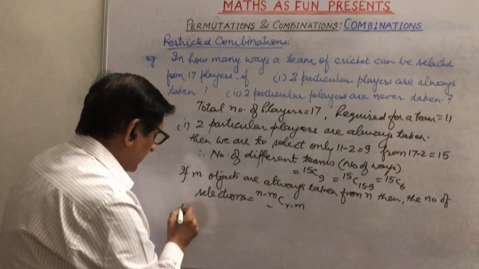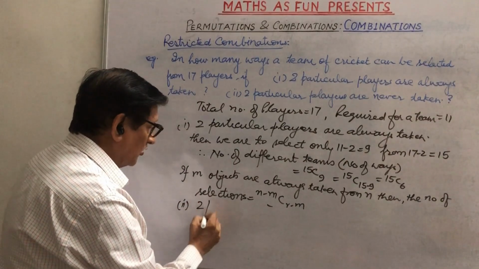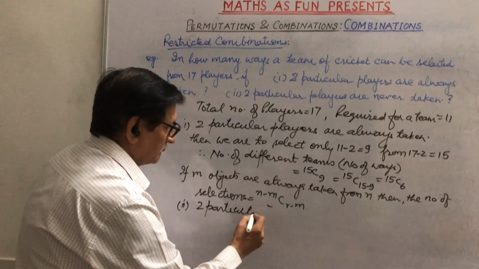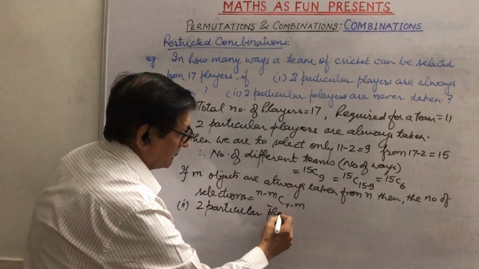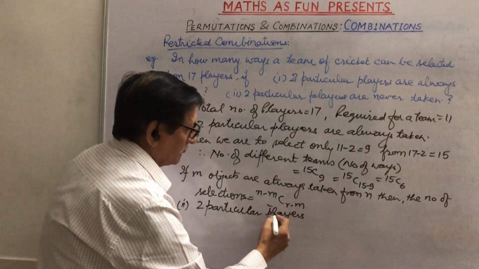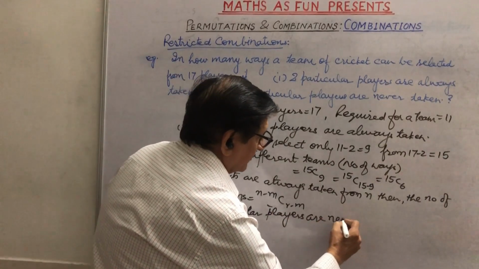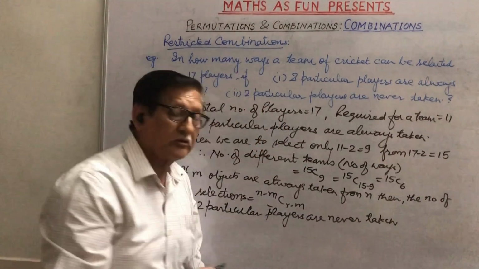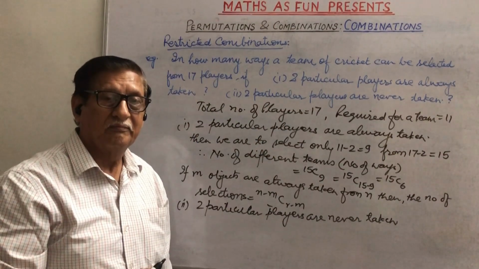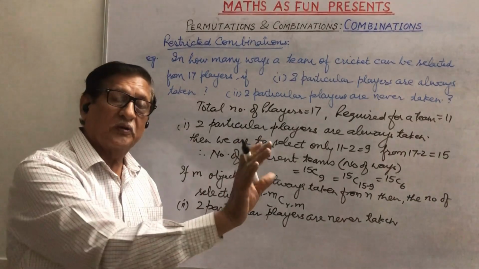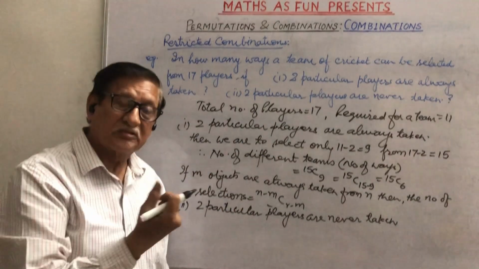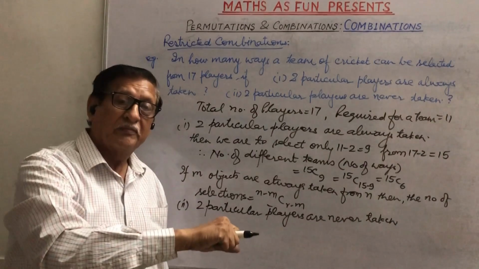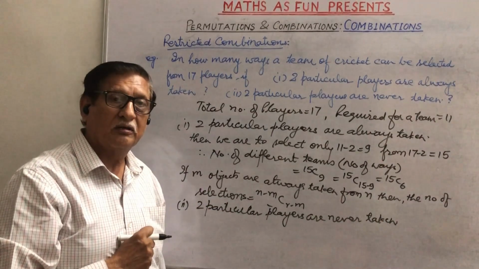In second case, we have been given 2 particular players are never taken. Never taken means what? Those 2 players are already out from the 17. It means we have to take all 11 from the remaining 15 only.